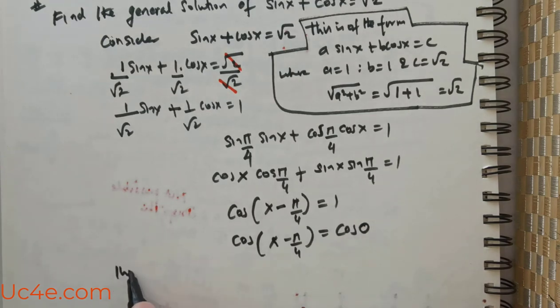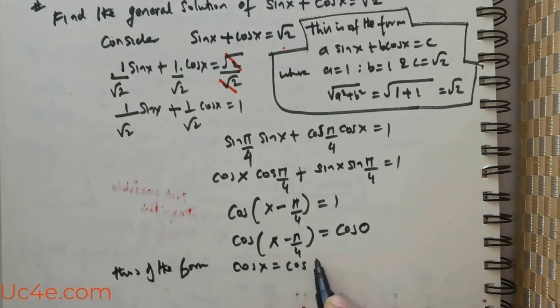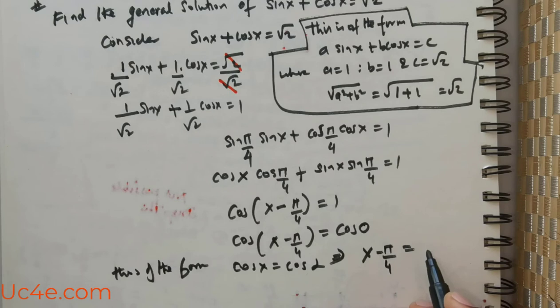Now this is of the form cos x is equal to cos alpha. So that would mean x minus pi over 4 is equal to alpha, which is 0 degrees, right?